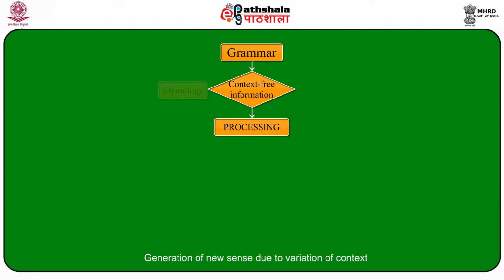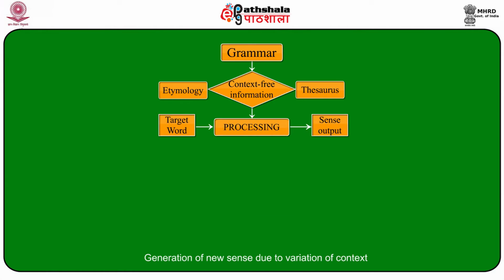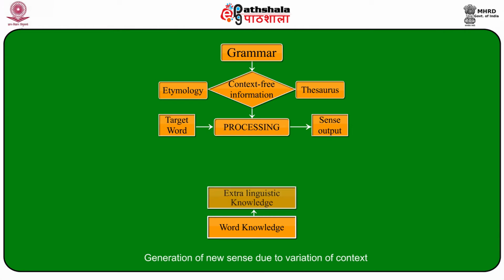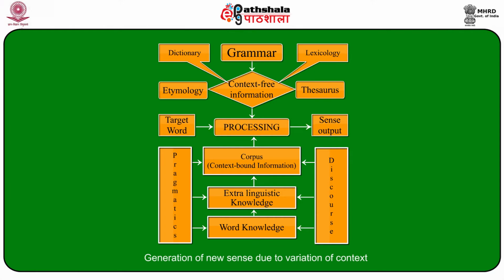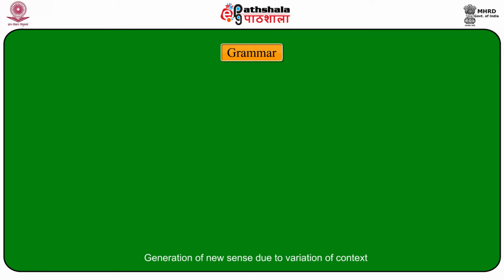Now if we classify those sentences based on the new senses generated by the word, we can find out that in a certain number of sentences, because of the context, the word gives a new sense, maybe sense 2. And because of another context, another type of sentences, we get sense number 3. Similarly, we can get sense number 4, sense number 5, sense number 6 or sense number 7.